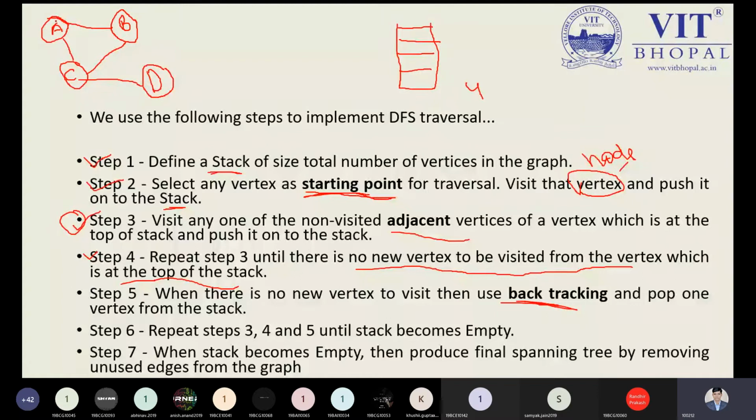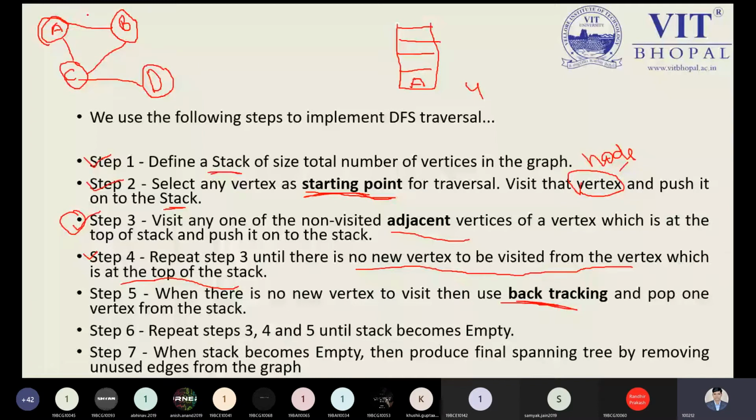That is A. So we keep A here at 1, and A has two adjacent nodes, B and C. It's up to you which one you want to pick. When talking about the shortest path, we would pick depending on the weight, but here the weight is not given, so we are only traversing.